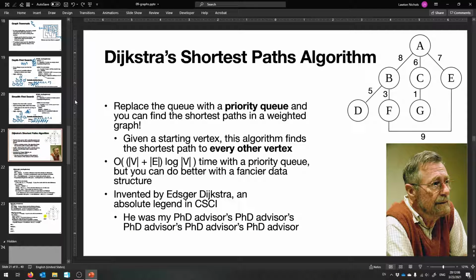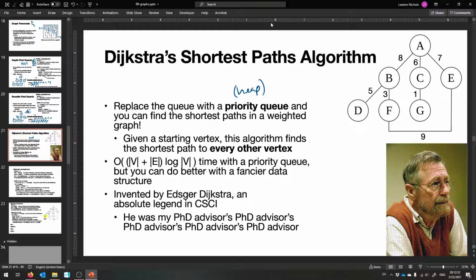And now I have a fun one for you. It's the most difficult one, but it is very, very exciting and useful. Google Maps, of course, is using this all the time. It's a shortest paths algorithm, okay? What's going to happen is if we take that queue and we replace it with one other data structure that we know, a priority queue, okay, which is secretly a heap, right? That's its underlying data structure representation.